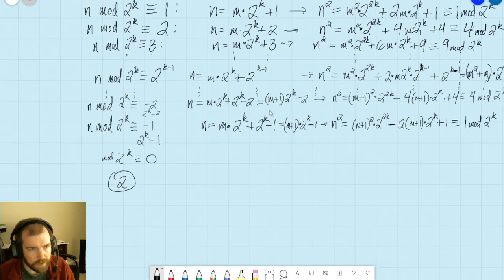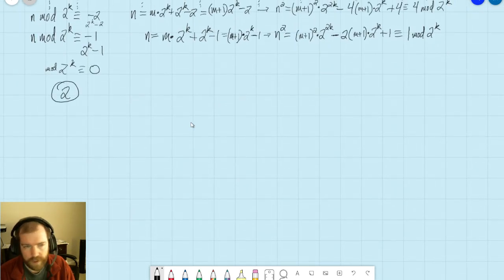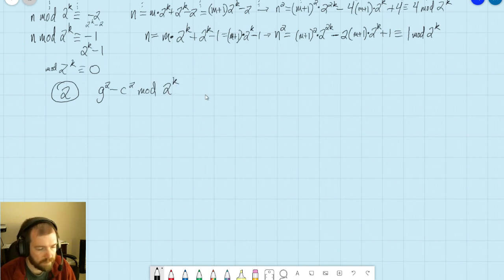So group 2 here is all about taking g squared minus c squared and then taking some mod 2 to the k, down to a modulus value of 2 to the k minus 1.